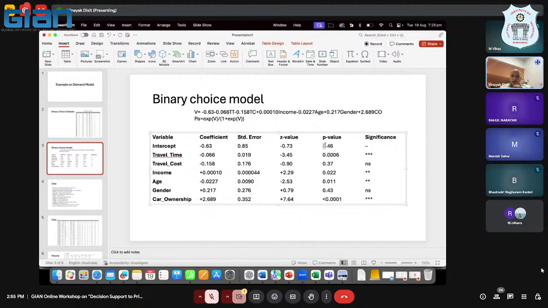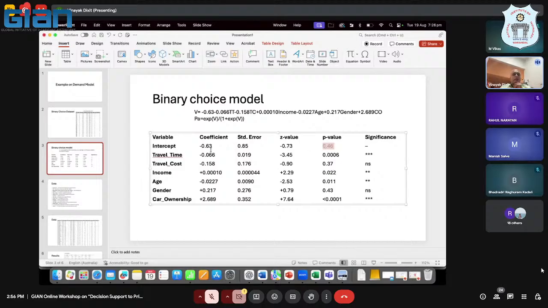Like this one, the P value is 0.46. Even though this coefficient is minus 0.63, it is close to 0. The probability of it being close to 0 is almost 46%. That 0 lies within this.